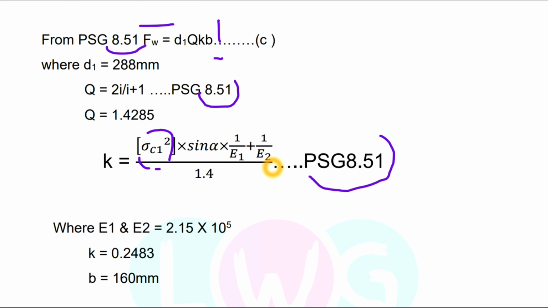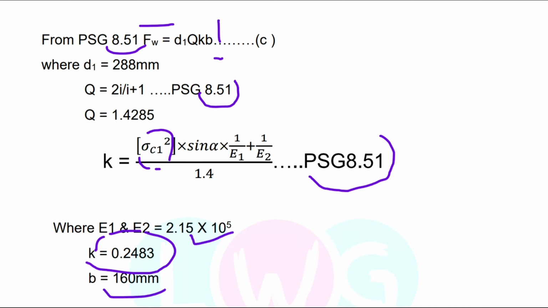You will get this value on data book page number 8.14, which is 2.15 into 10 raised to 5. Now from this you will get the value of k, which will be 0.2483, and the value of b is 160 mm.